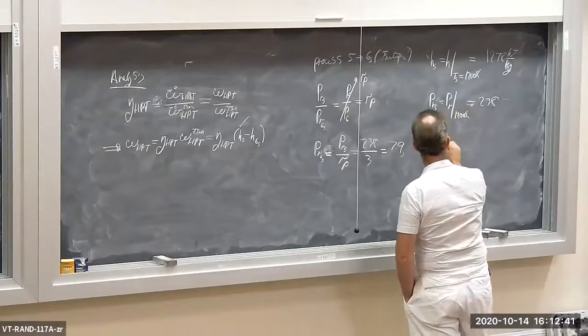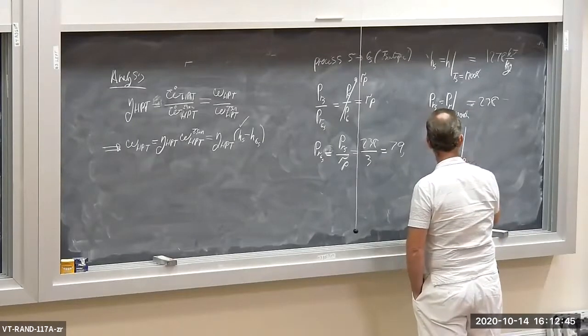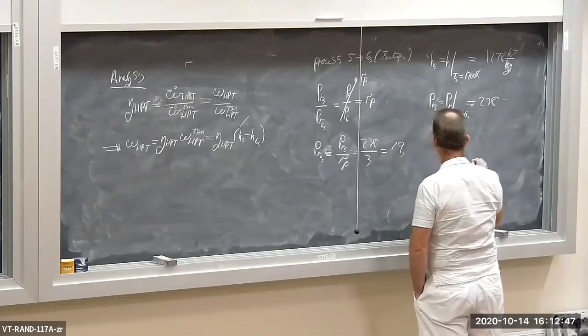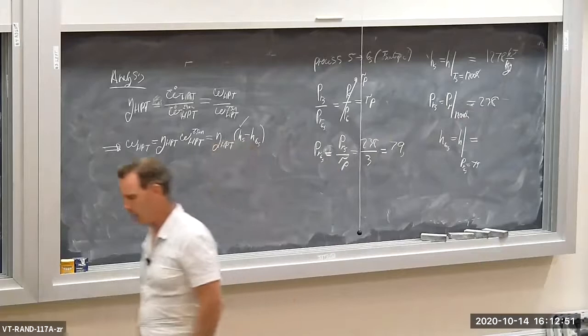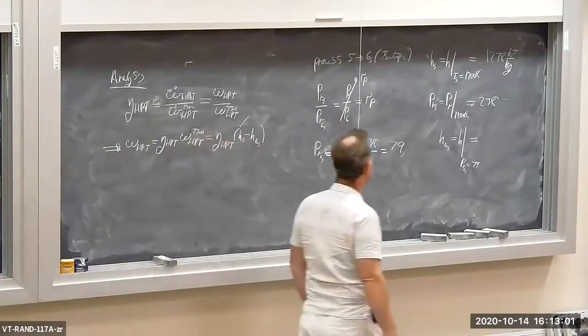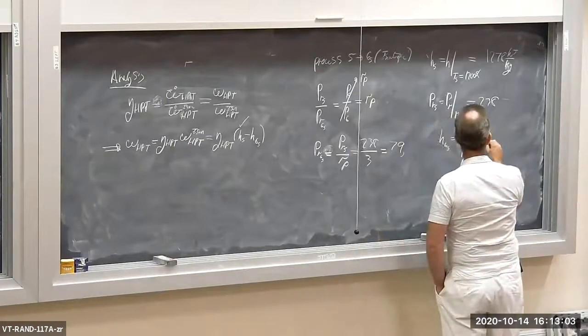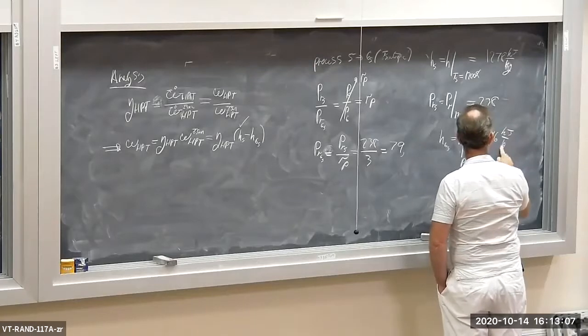Now, H6 sub s is H evaluated at PR6 sub s, which is 79. I looked that up in a table, and I get H6 sub s is 946 kilojoules per kilogram.